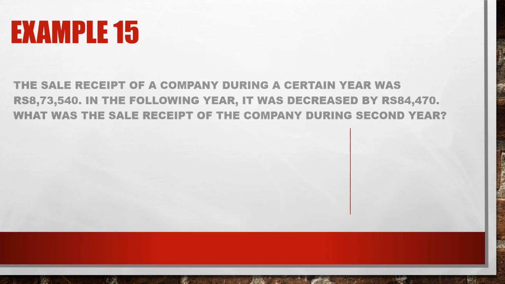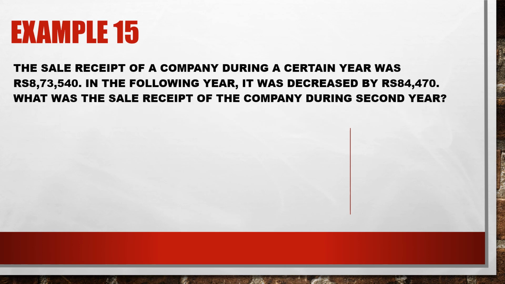15. The last example. Let us read the question. The sale receipt of a company during a certain year was rupees 8,73,540. In the following year, it was decreased by rupees 84,470. What was the sale receipt of the company during second year?